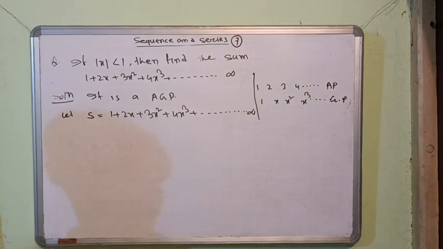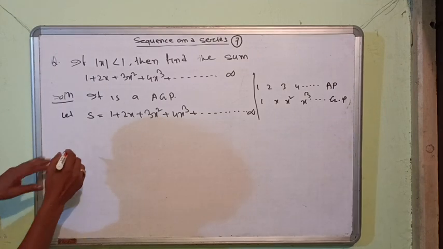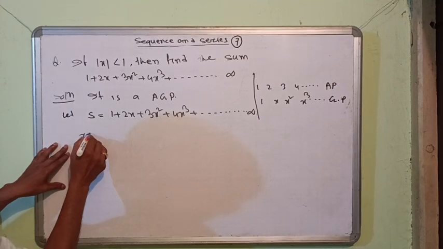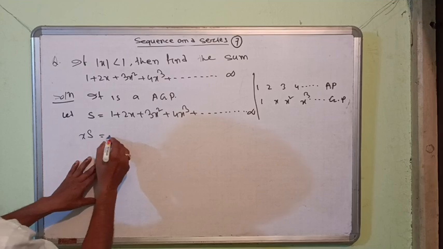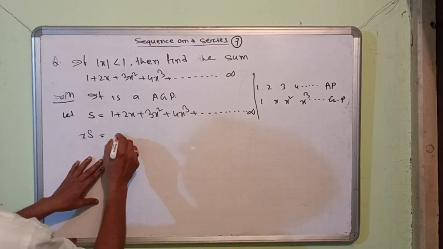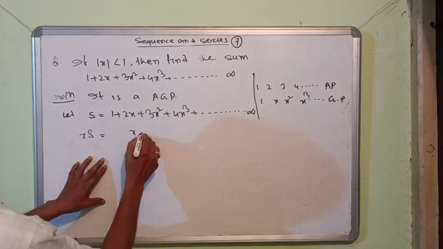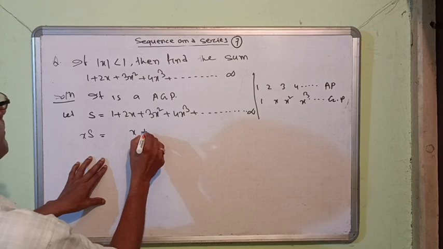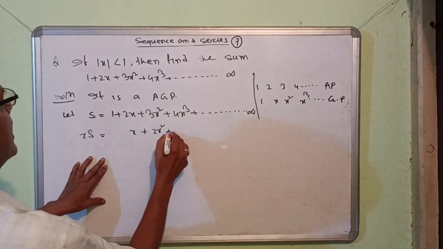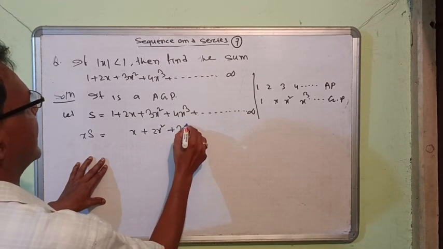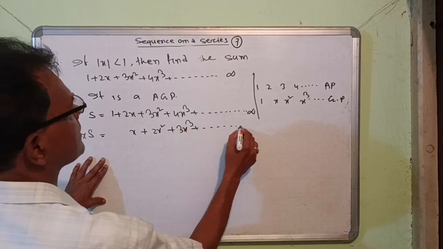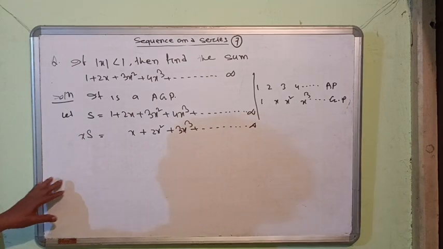If we multiply this by x, then we get x into S. This equals x plus 2x square plus 3x cube and so on up to infinity.